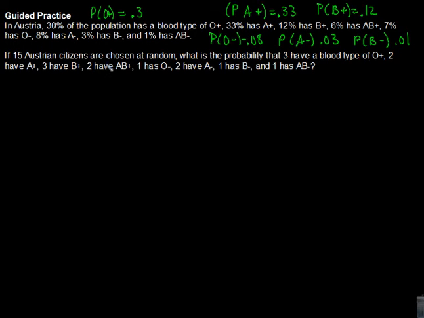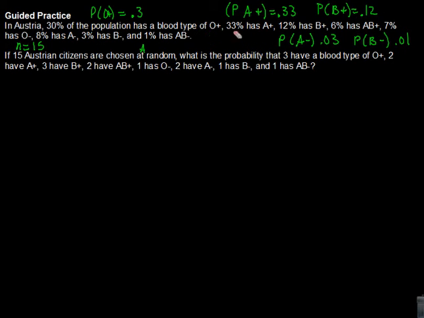Okay, so we're going to pick out 15 Australians, and we're going to figure out the probability that 3 of them have an O positive, 2 have an A positive, 3 have B positive, 2 have AB positive, 1 is O negative, 2 are A negative, and 1 is B negative, and 1 is AB negative. I forgot to put that one. Oh, that's a 3. I messed up my probabilities.